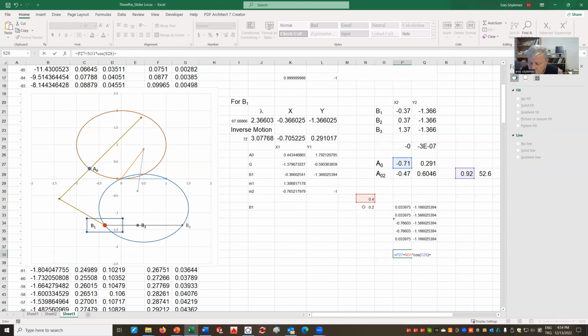Plus 0.2 times cosine of this angle plus pi over 2 is equal to y value plus this angle times sine of this angle, plus times sine of this angle plus pi over 2.